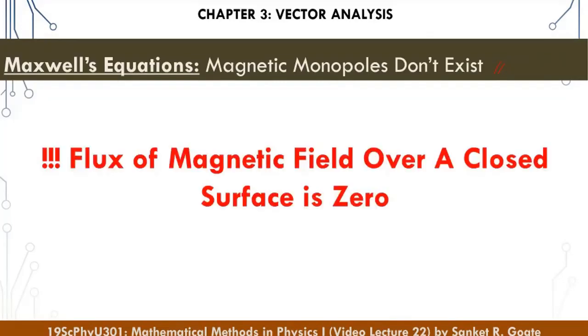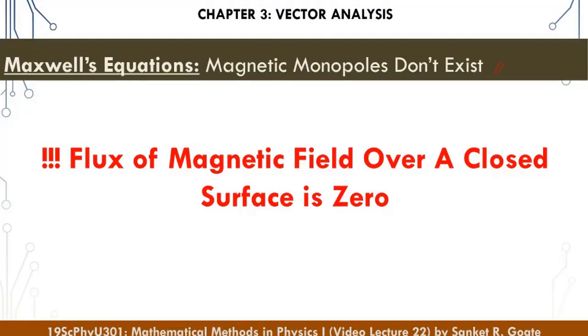Let's consider Gauss's law for magnetic field, right? The statement is clear here: magnetic monopoles do not exist. What does that mean? It simply means that if we consider flux of magnetic field over a closed surface, just like we consider it for electric field in Gauss's first law, then it should be equal to the net magnetic poles.